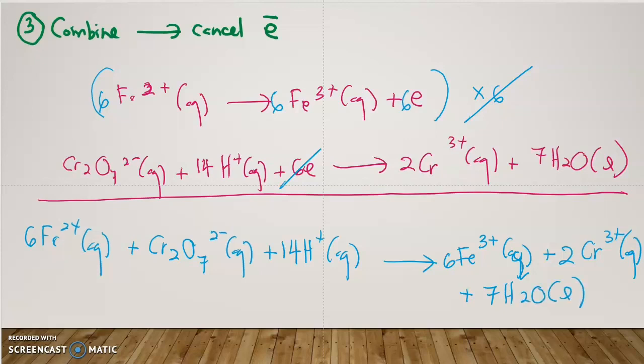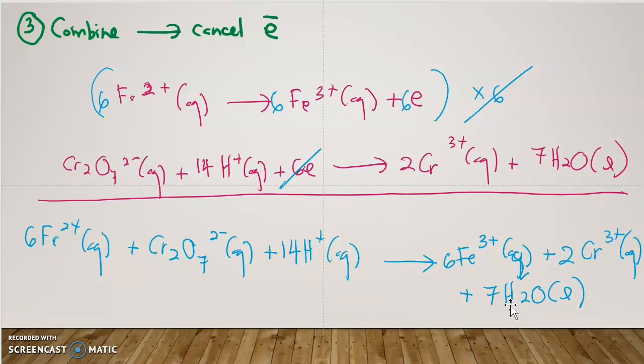If we want to check it back, 6 ferrum, we also have 6 ferrum here, 2 chromium, we also have 2 chromium here. What about oxygen? 7 oxygen, 7 oxygen here, 14 hydrogen here.